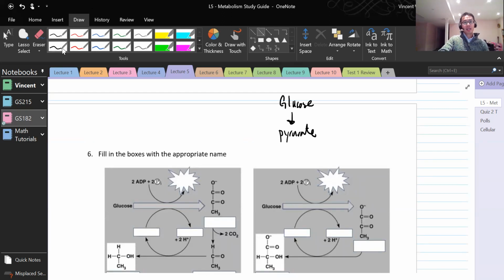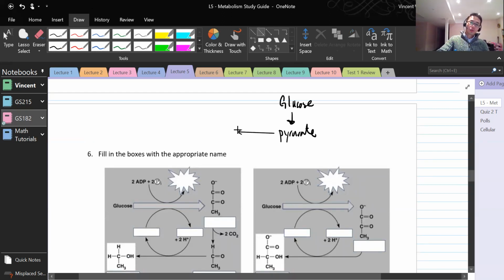It either goes to steps 2, 3, 4 that we talked about: the pyruvate oxidation, Krebs cycle, and so on. That happens if we have enough oxygen. But if we have low oxygen or not enough oxygen, then it's going to go an alternate pathway. It's going to go to fermentation.